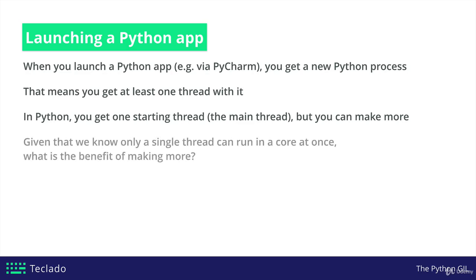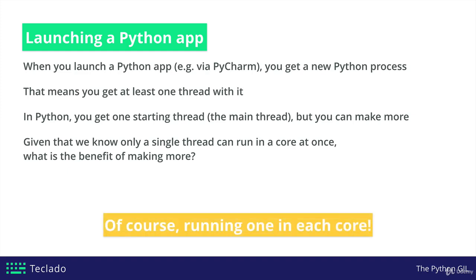But given that we know only a single thread can run in a core at once, why would you? What's the benefit of making more threads? Well, of course, the benefit of making more threads is so you can run one in each core. If your computer has more than one core, you could get Python to make two threads and run them in two cores at the same time.